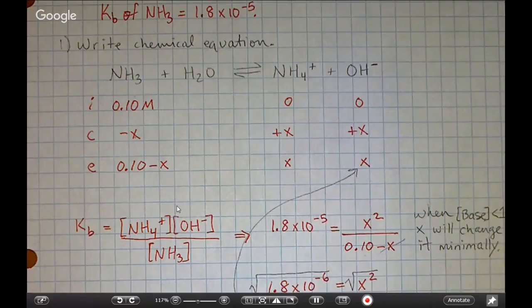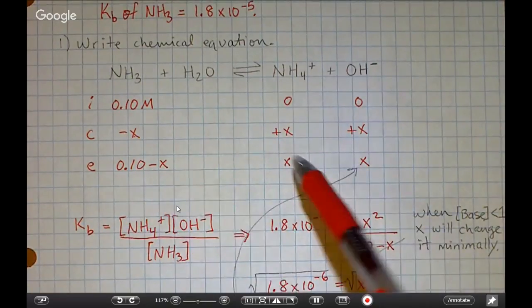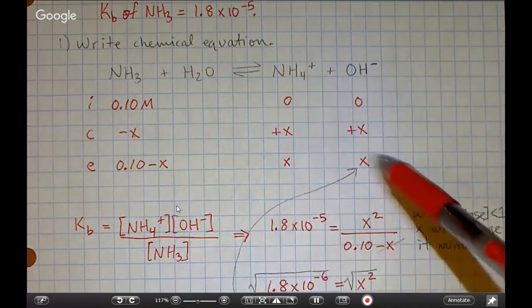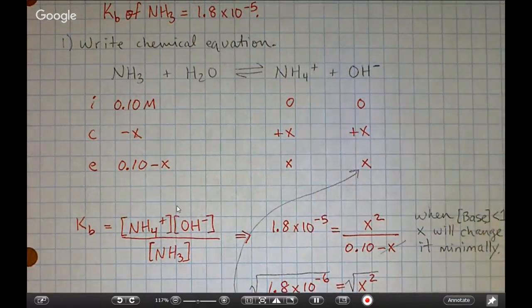Jackson? So because this reaction creates the OH ion, is that how we know that the molarity of 0.00134 is the same as the OH concentration? Yeah, because we solved for X, and we see from our equilibrium concentration that ammonium and hydroxide are both X. So what it's saying is that these are both the same concentration at equilibrium. Okay.